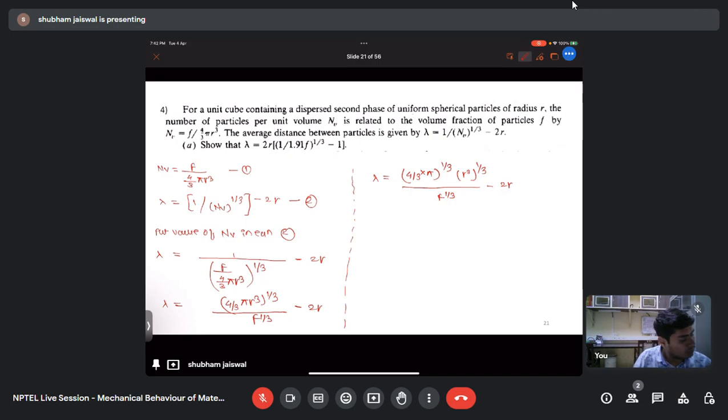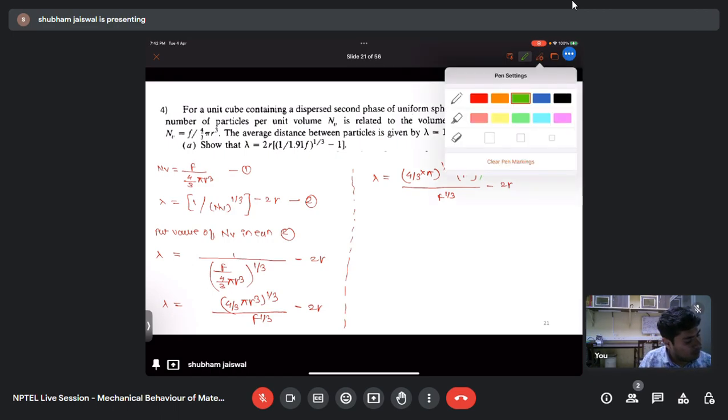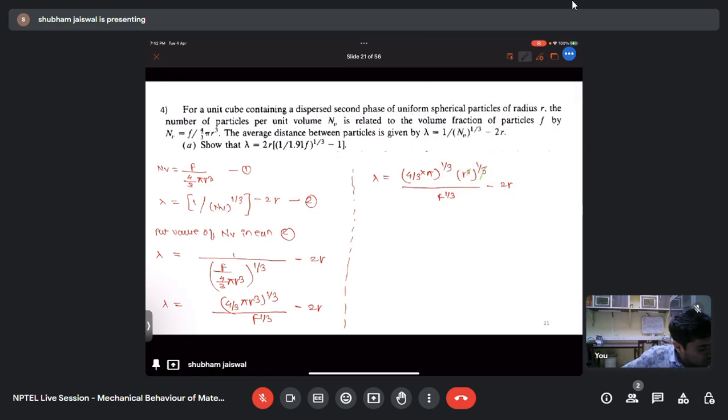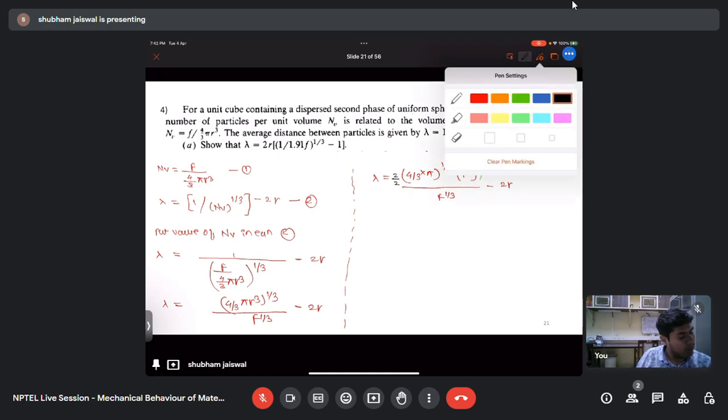Is it not? So this gets cancelled. And here this whole term is there, and I need a 2r. So if I multiply and divide by 2r, so 2 by 2, what do I get? I get an equation something like this.